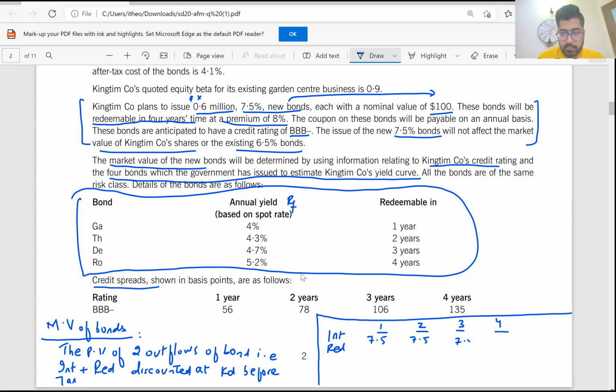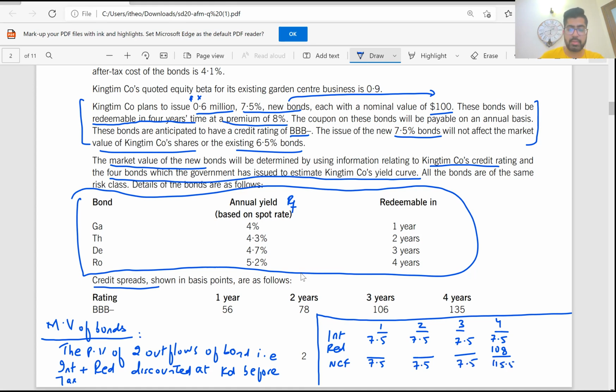This is the first outflow which you have to bear on this bond. And redemption is at the end of 4 years at premium 8%. That means they will be redeemed at 8% premium to par, 108. You will net them up. You will get net cash flows of each year 7.5, 7.5, 7.5, and 115.5.